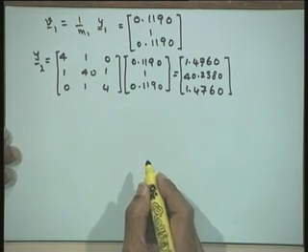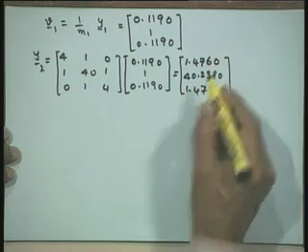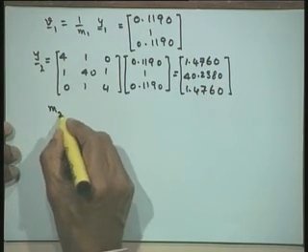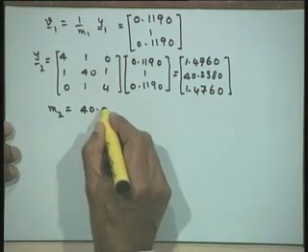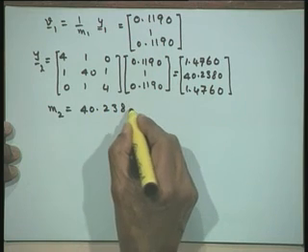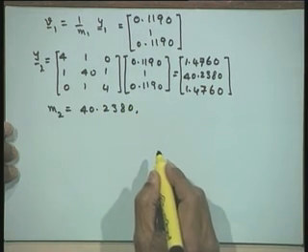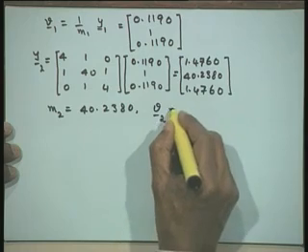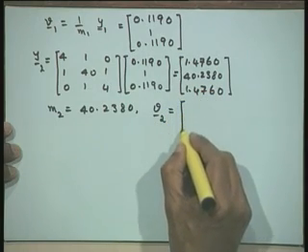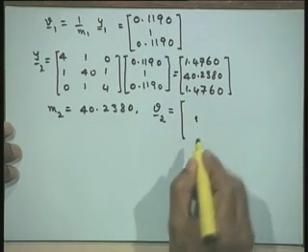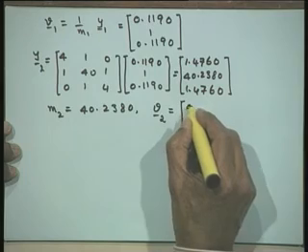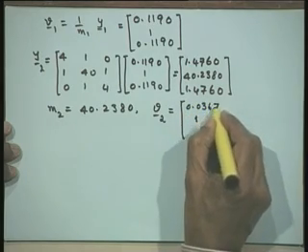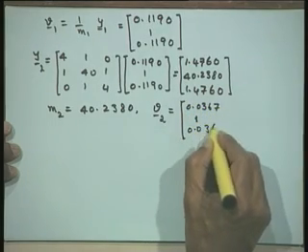Now, we find the largest element in magnitude here, that is m 2, equal to 5.6667, and hence our V 2 is obtained by dividing this by 5.6667.